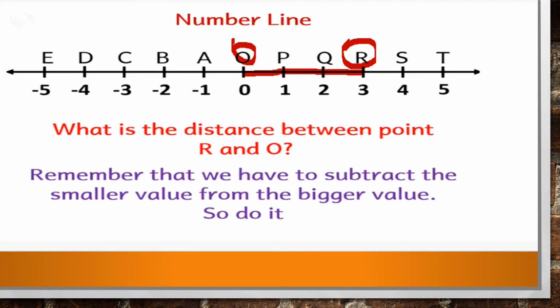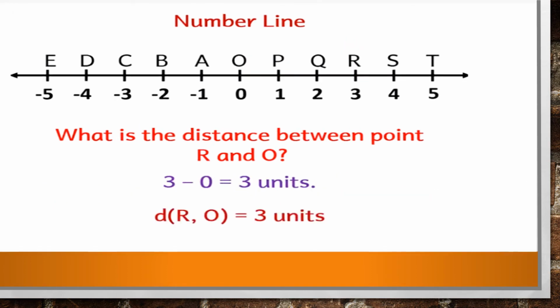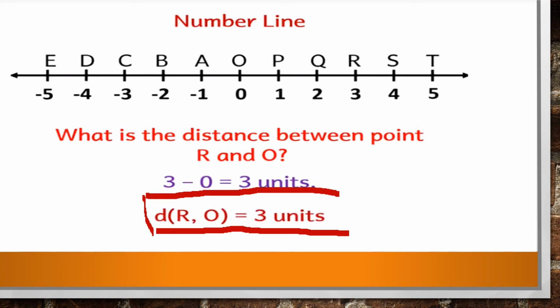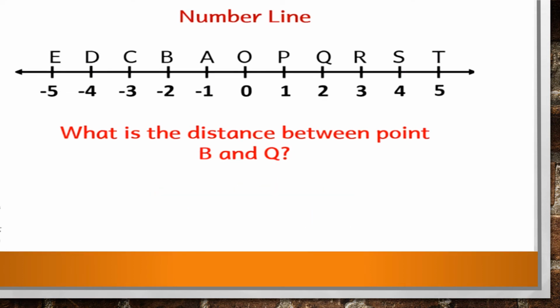And the bigger value? 3. So you will do 3 minus 0, which is equal to 3 units. And how will you write down the distance? Distance between R and O is equal to 3 units. Okay, so this is how you write down the answer, the distance of the given points. I am explaining how you actually solve the sum based on distance.